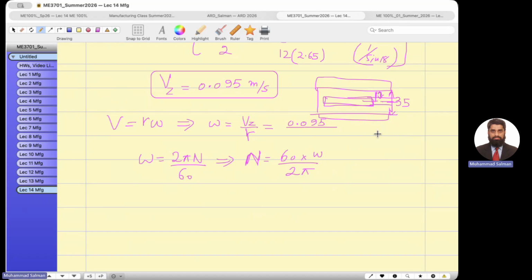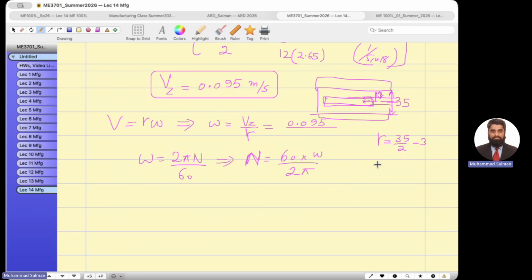35. So R is actually the radius of the screw from the center line to this value. 35 divided by 2 and minus 3, the height of the channel. You agree with me?